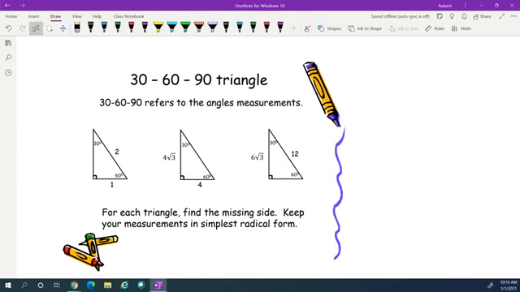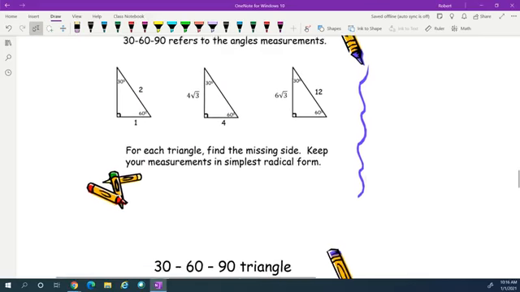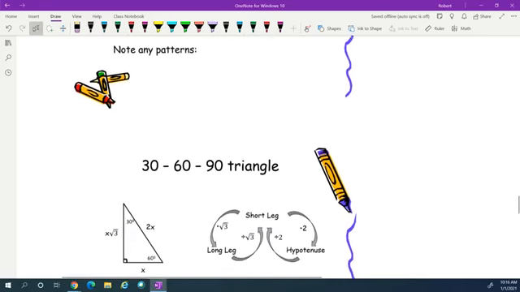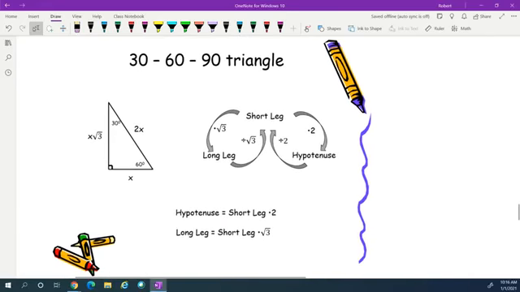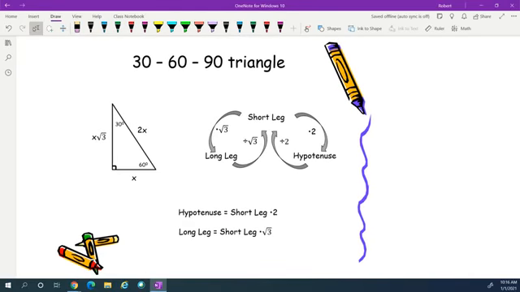Now that brings us to a 30, 60, 90. And again, I'm not going to go through the discovery. Let's just jump to it. Just like before, I'm giving you the same information in 3 different formats.